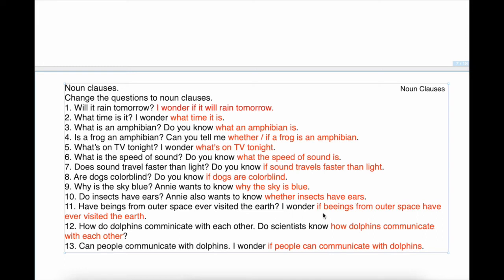I wonder if beings from outer space, yani uzay dışındaki canlılar, have ever visited the earth, yani yeryüzünü, dünyayı ziyaret edip etmediklerini. 12. Do scientists know, this is the question, be careful, how dolphins communicate with each other? Direct question. I wonder if people can communicate with dolphins.